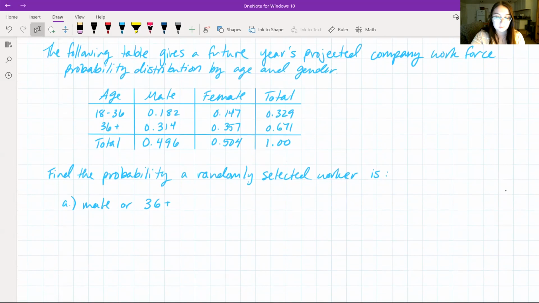So for part A, we want to find the probability a randomly selected worker is male or above the age of 36. We just write 36 plus. Our ages are 18 to 36, 36 plus.